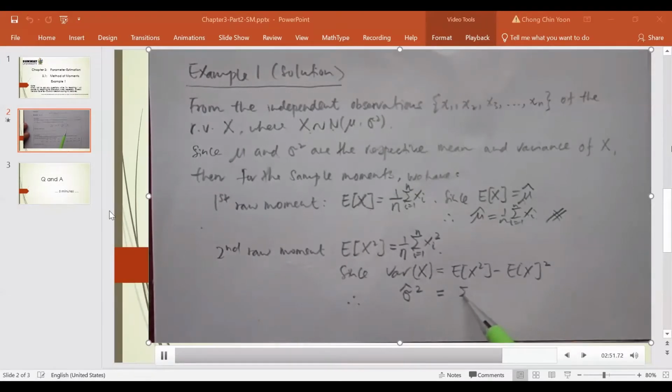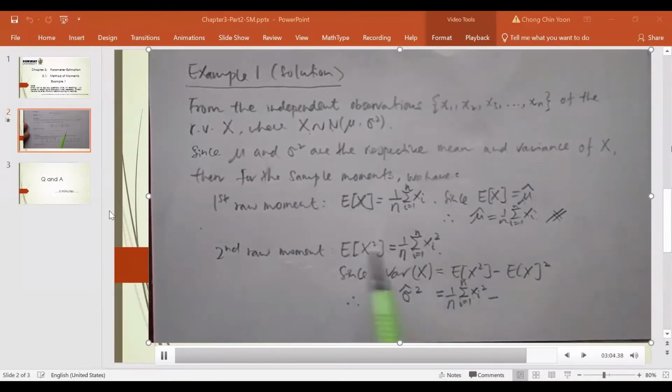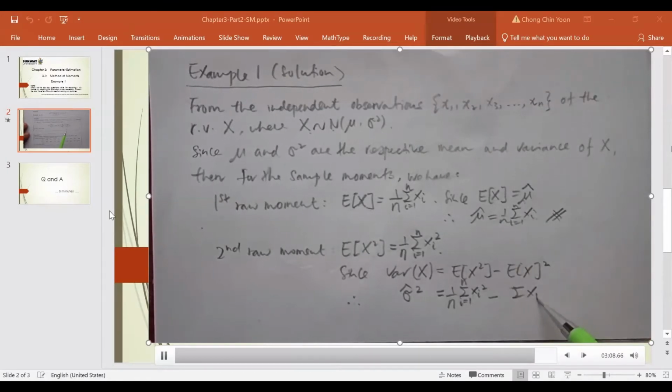So we will have the summation of xi squared, where i takes from 1 to n, divided by n, minus the result we have found in the first raw moment, that is the summation of xi, where i takes from 1 to n, divided by n, squared. So we prove the result.